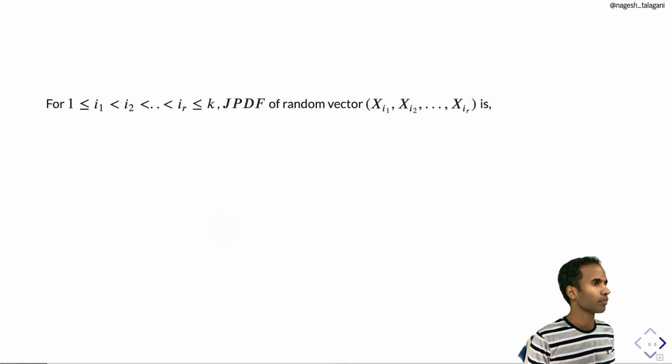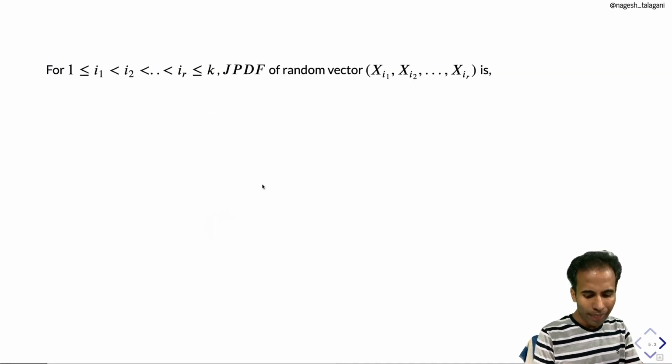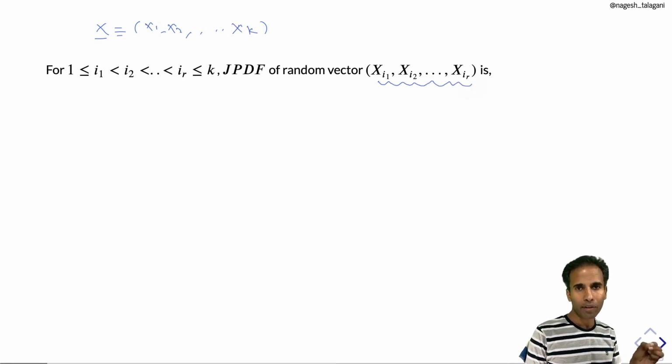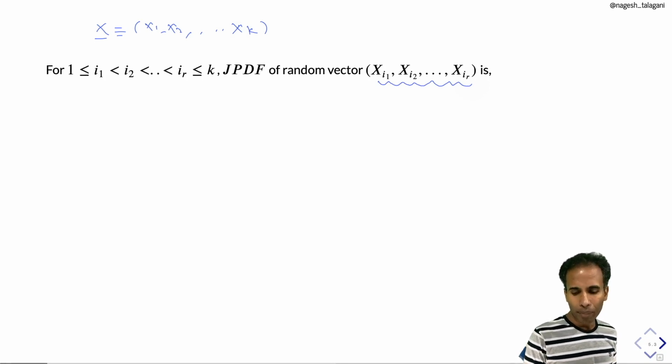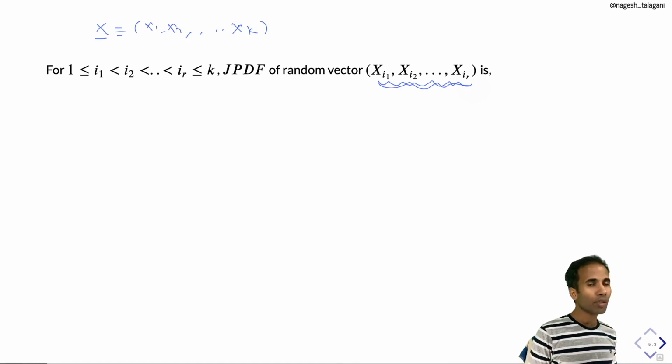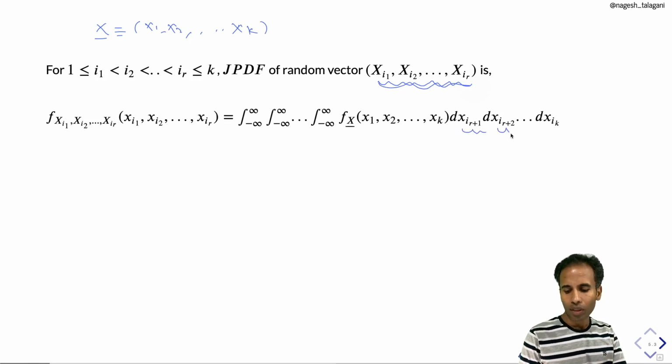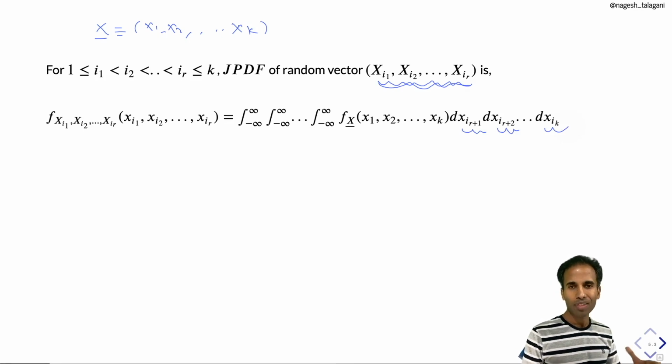Next. Here we have a k-dimensional random vector x under bar, which is a vector of k random variables x1, x2, ..., xk, and here xi1, xi2, ..., xir are some subcollection of the random variables from x1, x2, ..., xk. If you are interested in getting the joint PDF of this random vector, what you can do is integrate the joint PDF of x under bar with respect to the remaining variables xir plus 1, xir plus 2, ..., xik, which is just a generalization of what we know in the bivariate case.